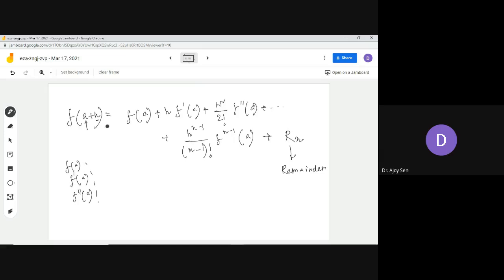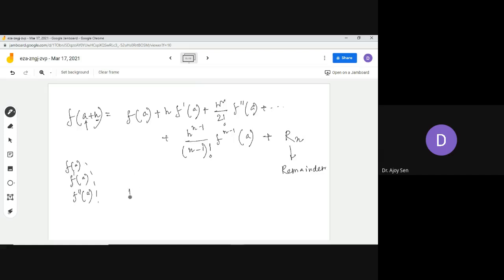This h is a very small gap, so the value of the function at a point very near to a, that is a plus h, is given by the Taylor polynomial of the function at a, plus there will be some error, which is called the remainder term.